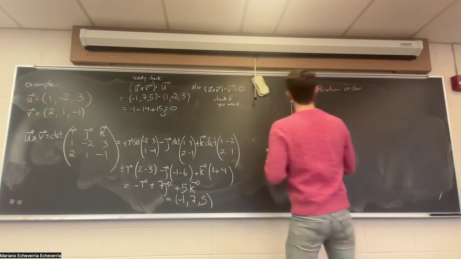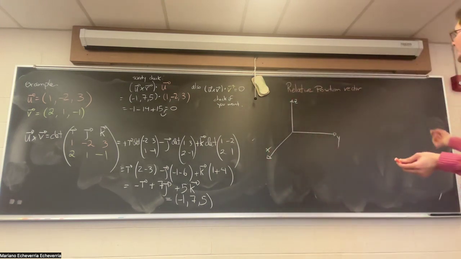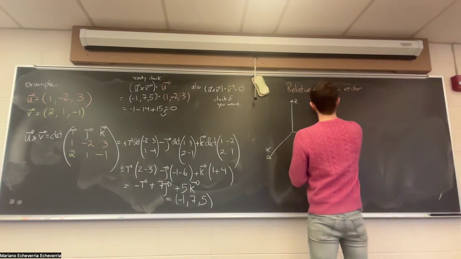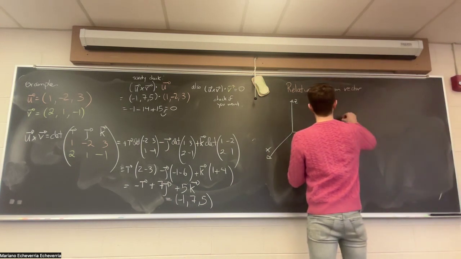So the idea here is that let's say you have 2 points P and Q. Okay. So here P and Q are 2 points.